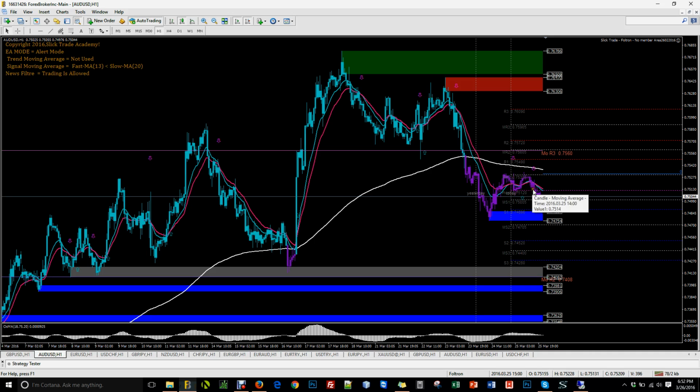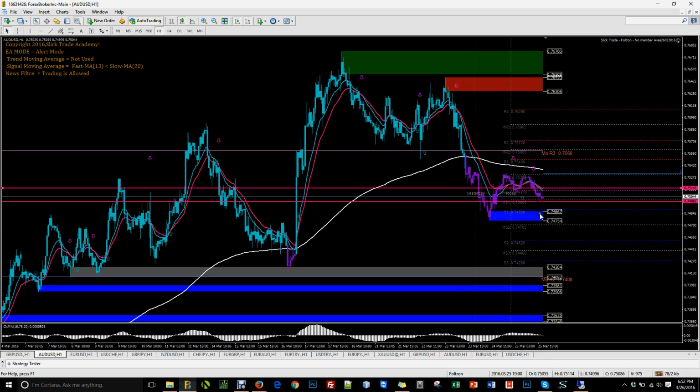We had that cross on Friday. I actually wish I would have seen that cross, but I didn't. The cross occurred here. The signal would have been right there. And now price has already moved down to here. So it has moved some. But overall, it's still showing on here that price is headed down.